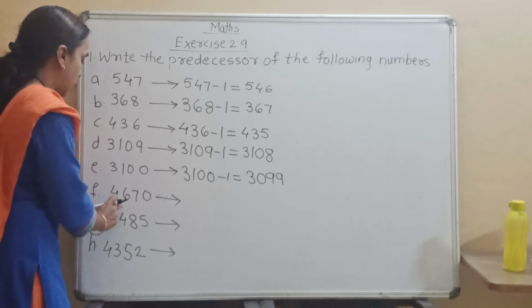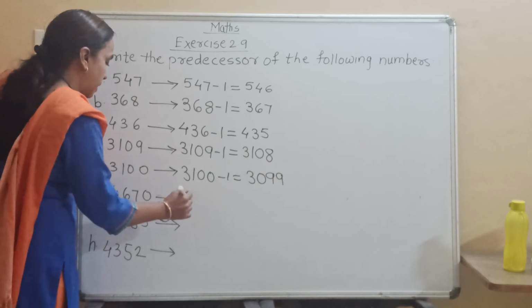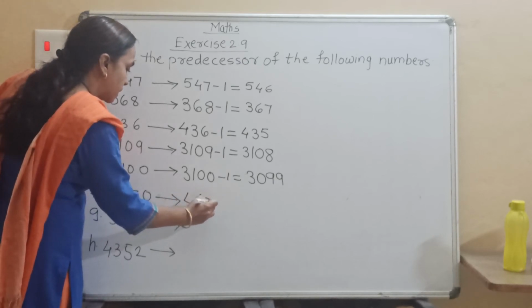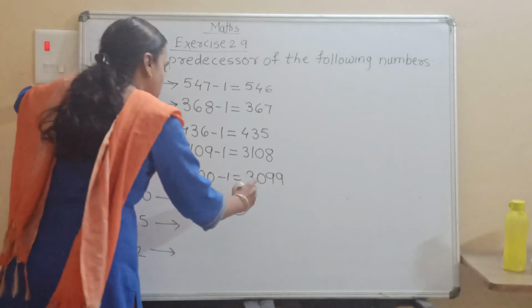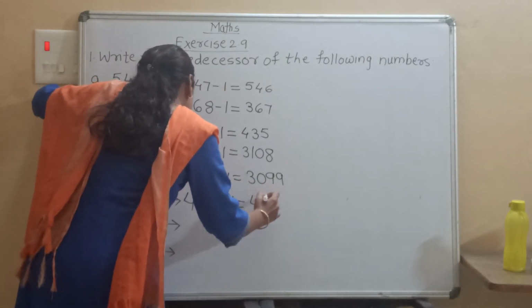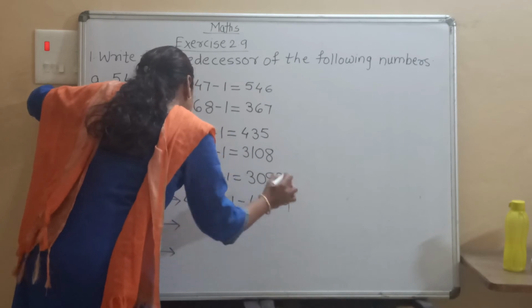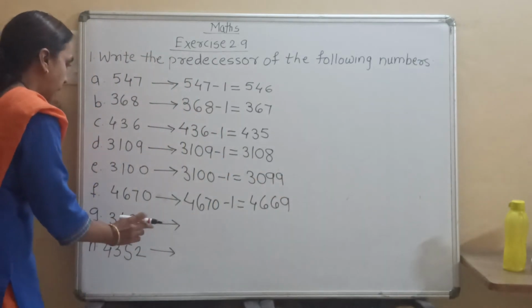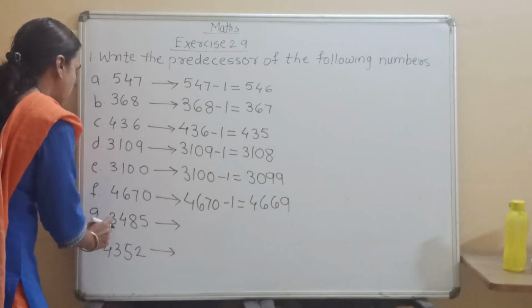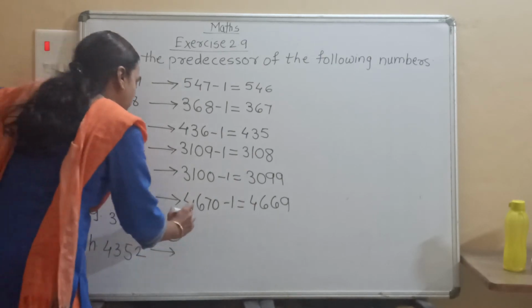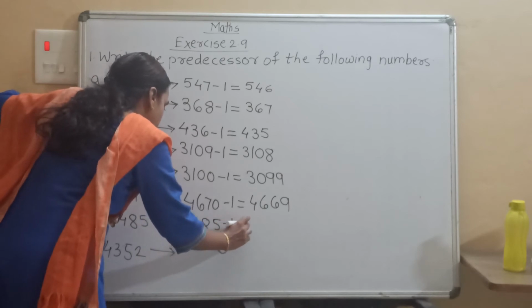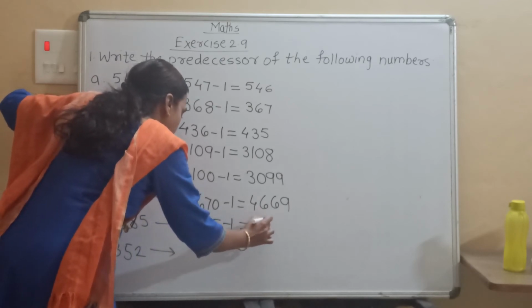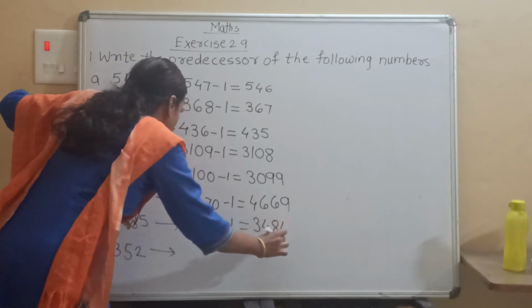Now see F question. 4670. 4670 minus 1 equal to 4669. Okay, so write down. Then G question. 3485. 3485 minus 1, 3484.